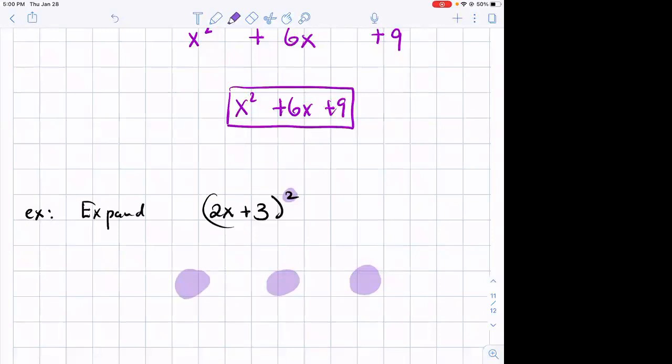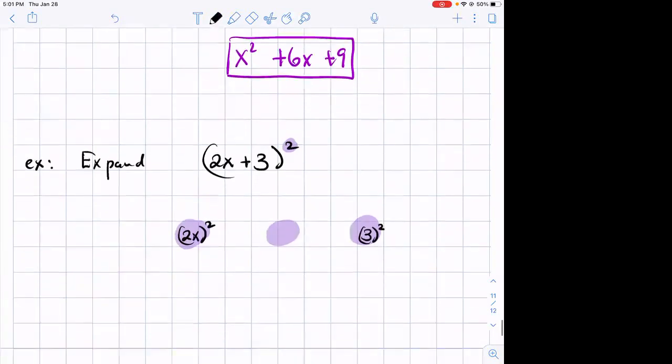Now, what goes in the first term? So be careful. The first term is 2x and you square it. To get the last term, you take 3 and you square it. Now, what happens to the middle? The middle, you'll get 2 times 2x times 3.